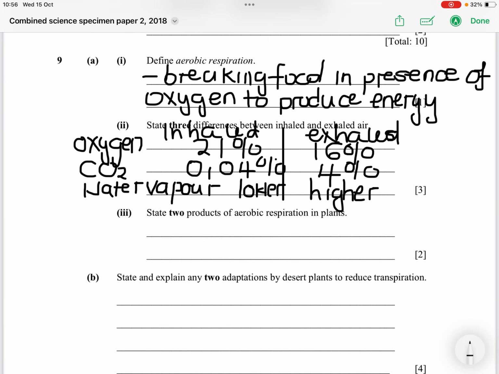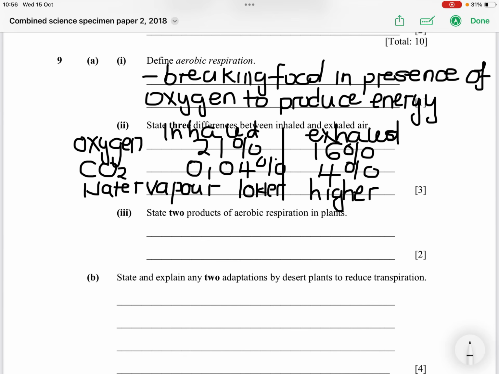That one can't be put as a difference. Rather, it is the similarity between inhaled and exhaled air, because exhaled air has 78% and inhaled air has 78% nitrogen. So we can't give that point as a difference. Rather, it is the similarity between the two.